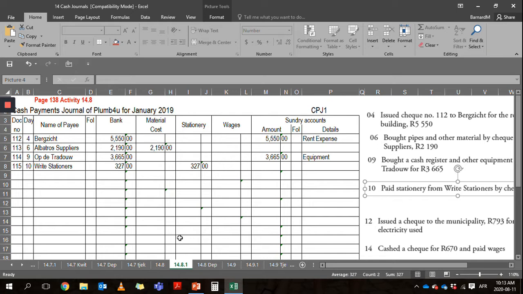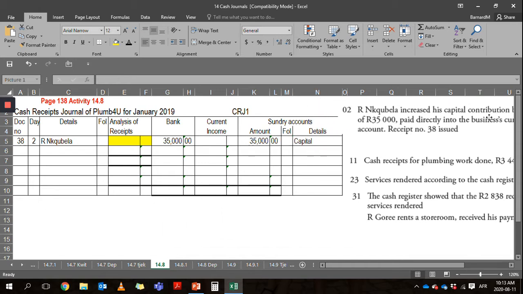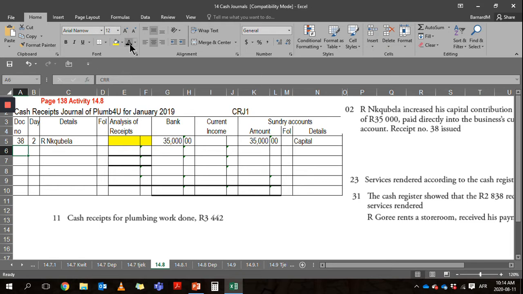The next one is on the 11th. The 11th is a CRJ because it says the following: cash receipts for plumbing work done. So because we have a cash register, we will have a cash register roll as our source document.